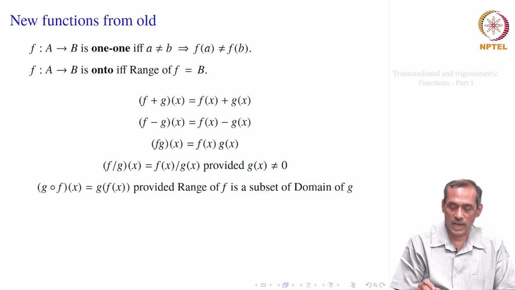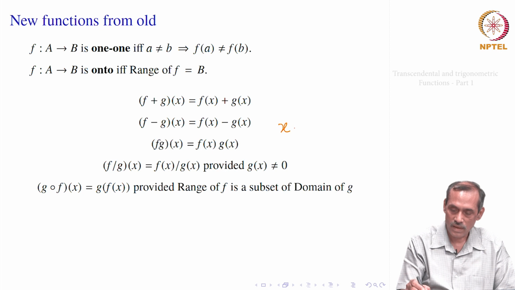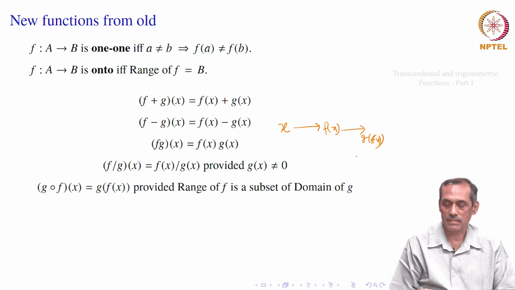So, there is another way of doing this which is called the composition. That is, f is a function, g is also a function. Then starting from x, we can first go to f of x, then g acts here. So, that takes us to g of f of x.